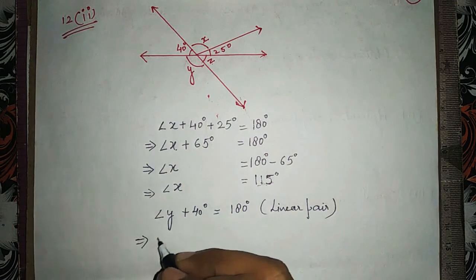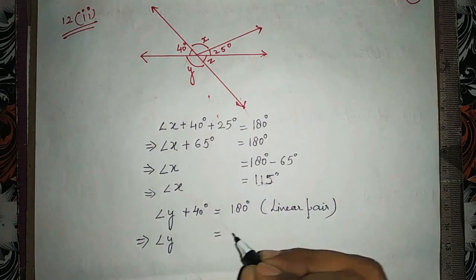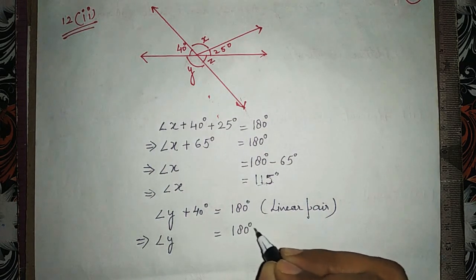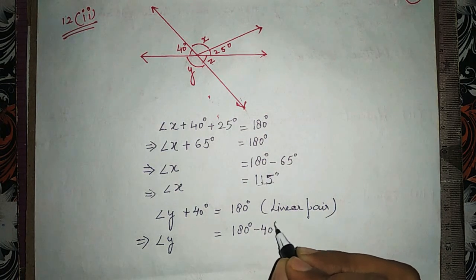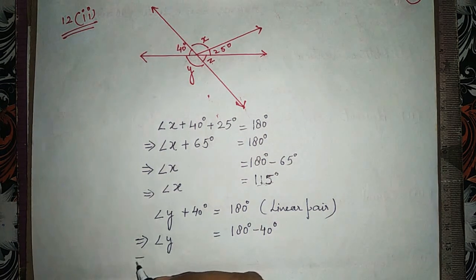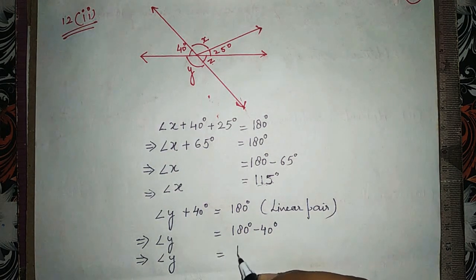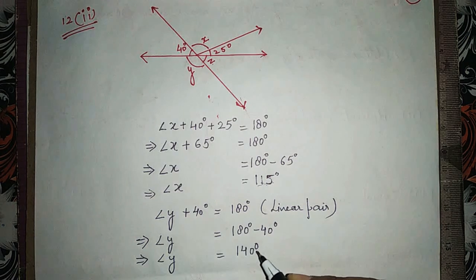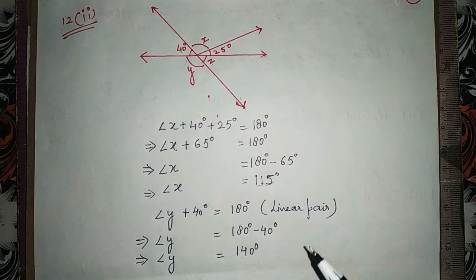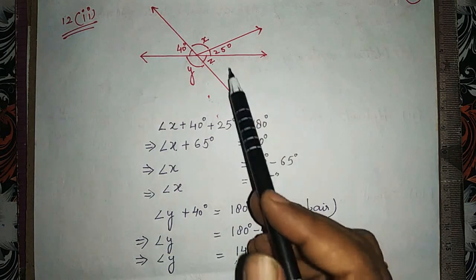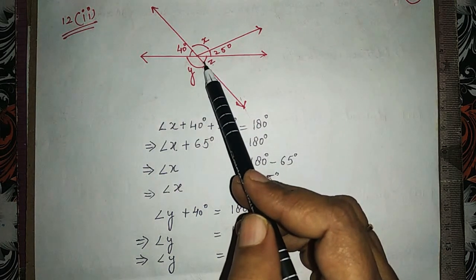And angle Y is equal to 180 degree minus 40 degree, and then we will get angle Y is equal to 140 degree.